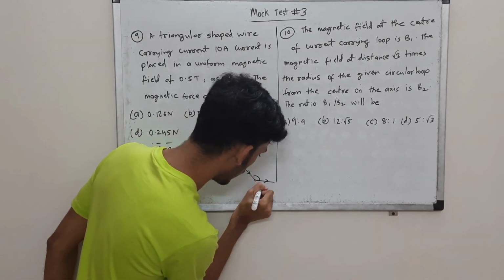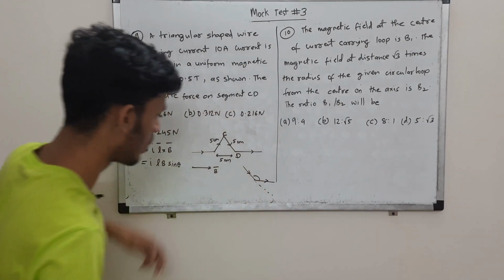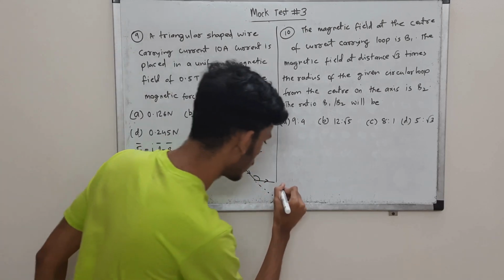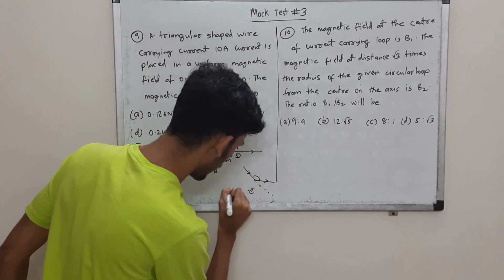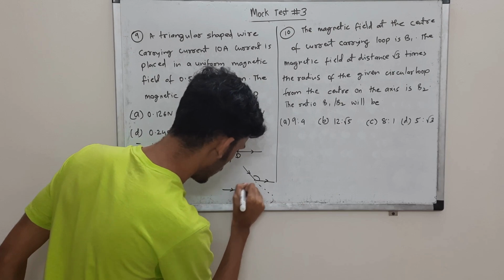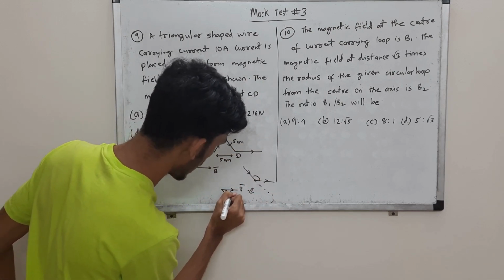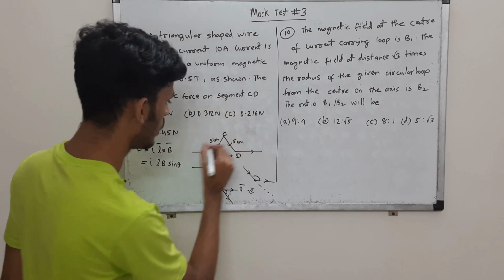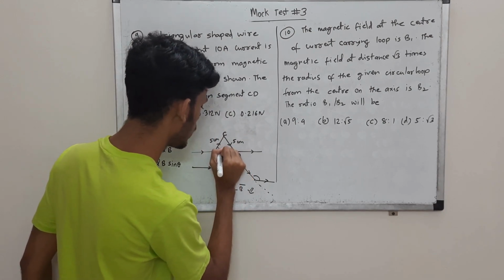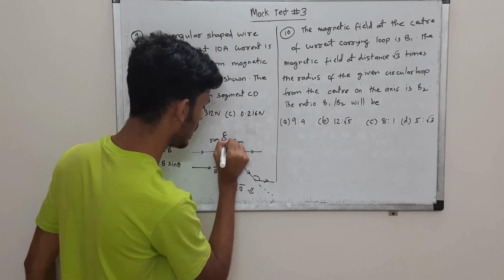So what you are supposed to do is slide this vector over here. So the thing will be like this. The magnetic field is along the horizontal and you just slide this vector over here. So this angle is what you are concerned with. This is an equilateral triangle, so all the angles will be 60, 60, 60.